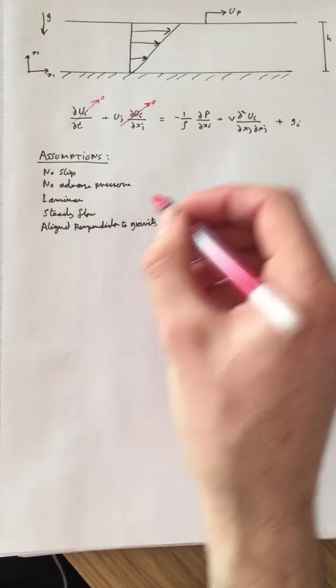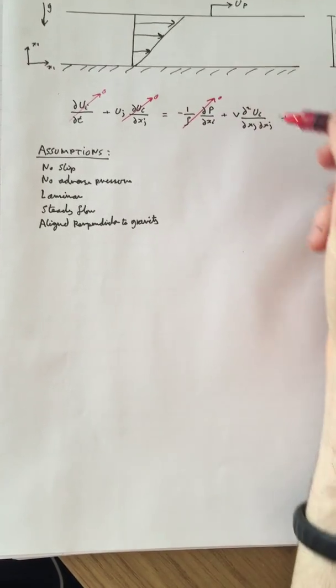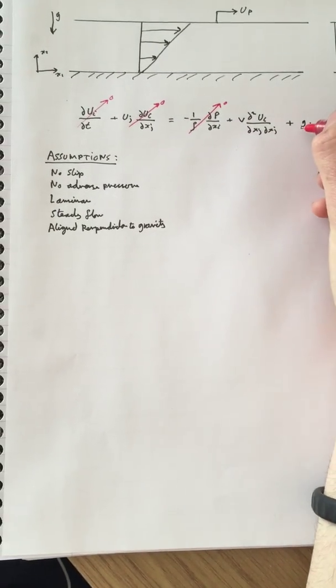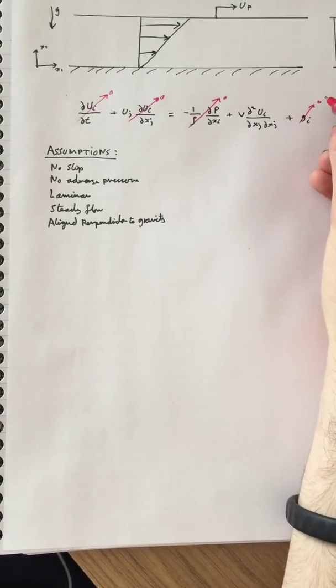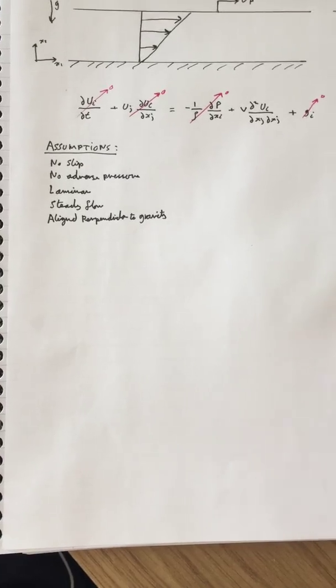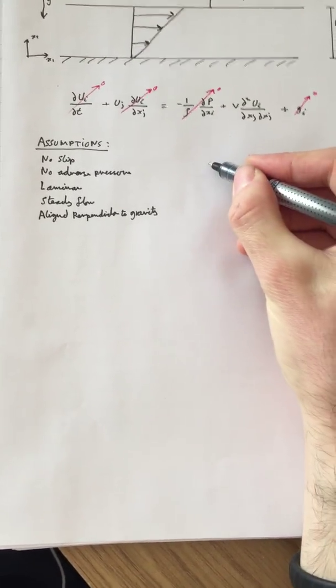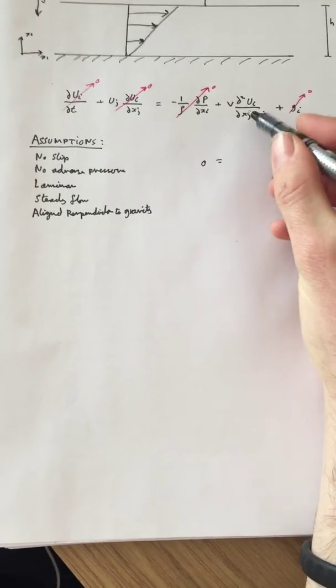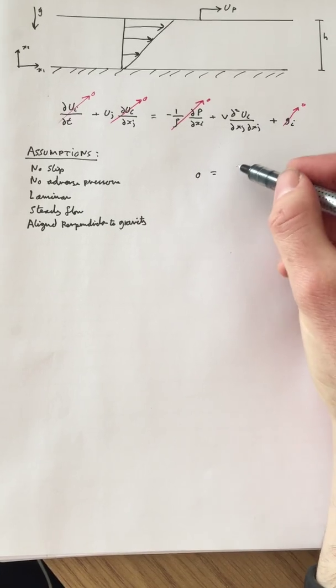We defined no adverse pressure, so it goes to 0, and also no gravity. So all we're left with is 0 is equal to this term here, and this term here is the viscosity term.